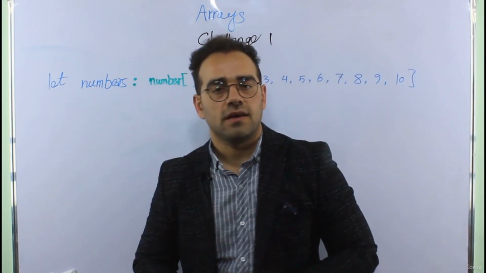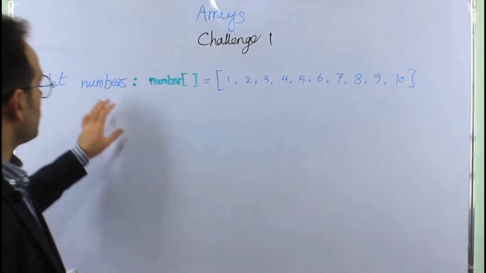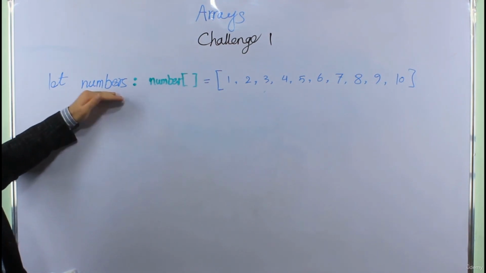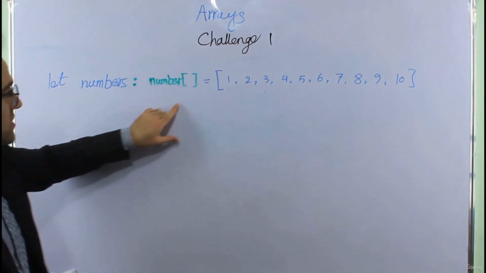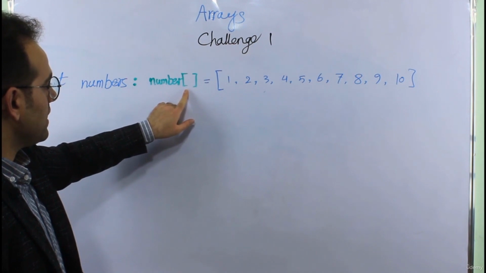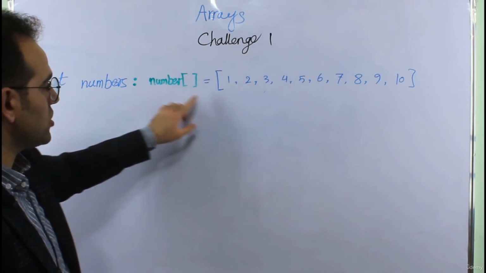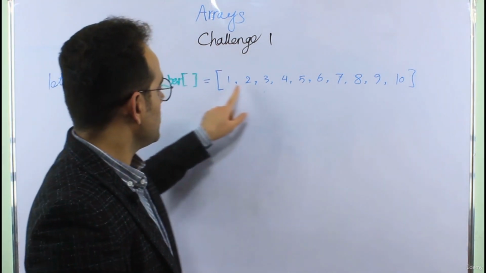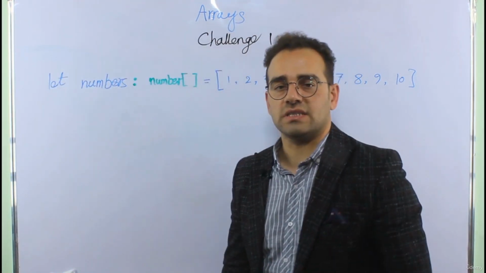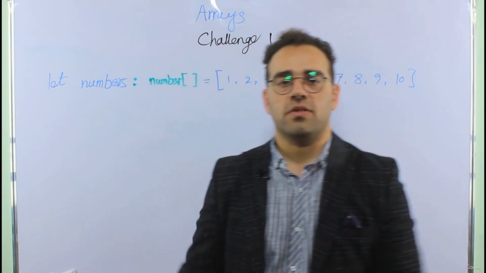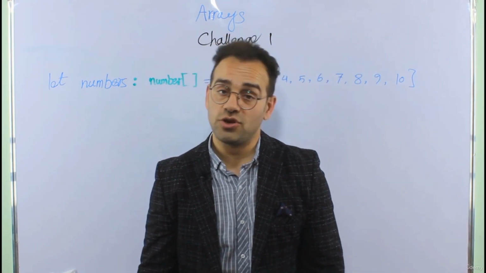So it's going to be 10. And again, we have a variable called numbers. The type of it is an array, and that array can only hold, in this specific case, numbers, and now it holds numbers 1 through 10. So this is a correctly type annotated variable. That's it for this challenge. See you in the next one.